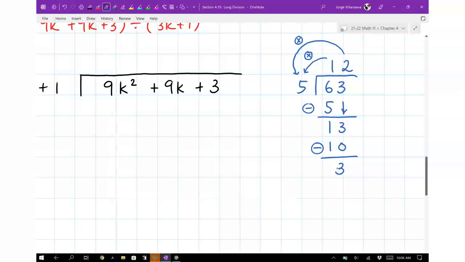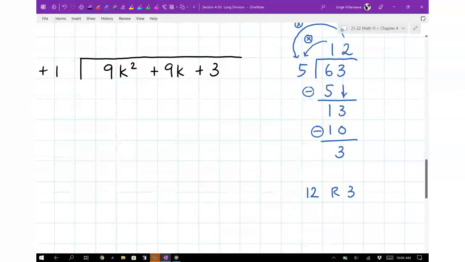Now, there's no other number. So, you know, in elementary school, you were supposed to write your answer is 12, remainder 3. You guys remember doing that? All right, well, that's the way they wanted you to write your remainders. You put an R. But when you get into high school, they're like, nope, it's 12 plus this number, 3, and this number, and you write it out like that, 3 over 5.